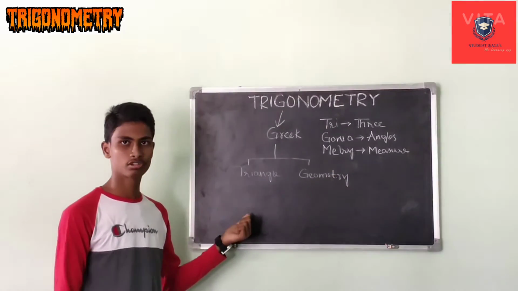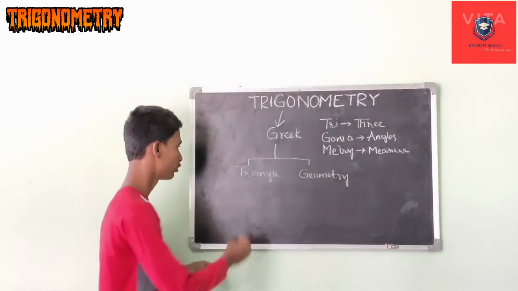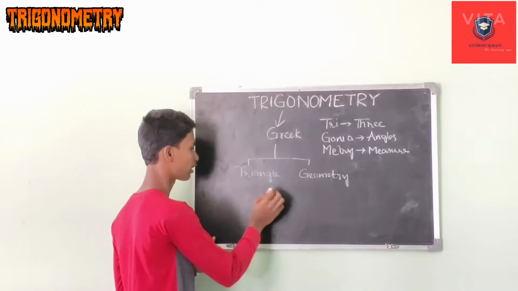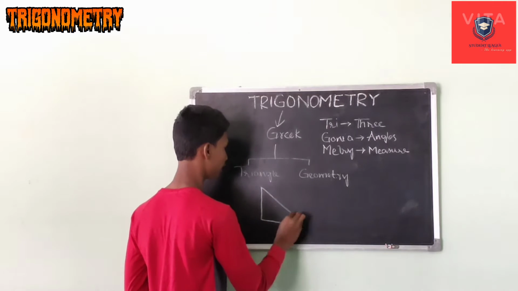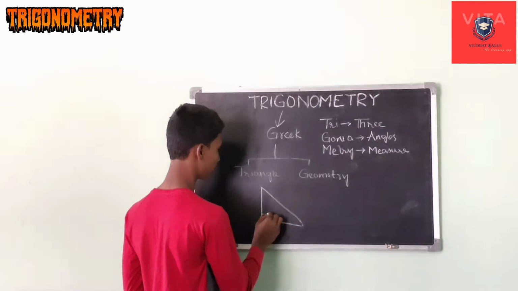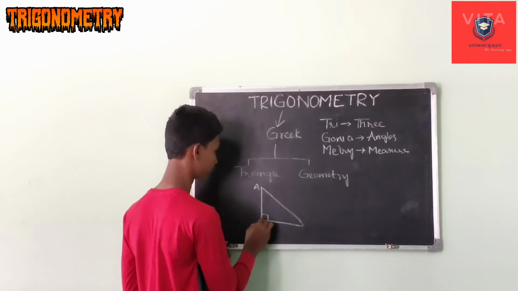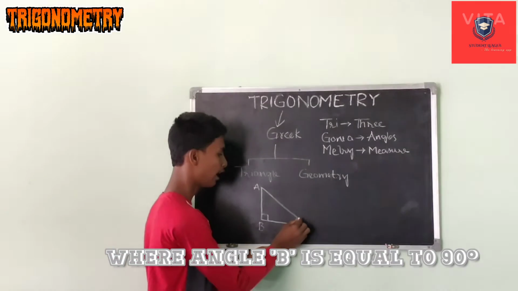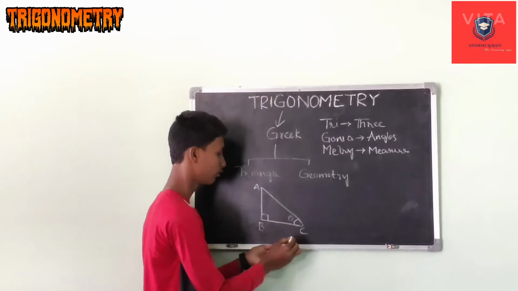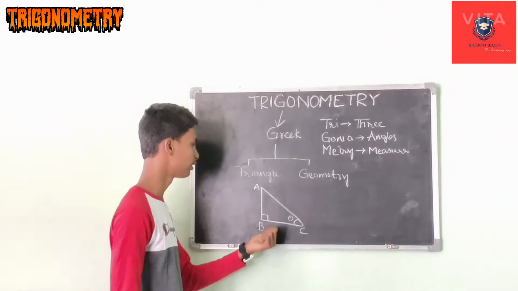Today I am going to teach you about the triangle. In the triangle, we are considering the right angle triangle. Consider a right angle triangle ABC, where angle B is equal to 90 degrees. Keep angle C as angle theta.